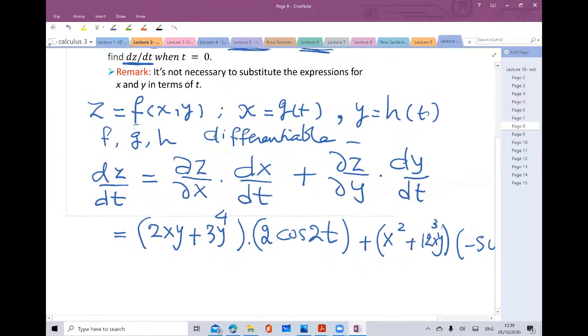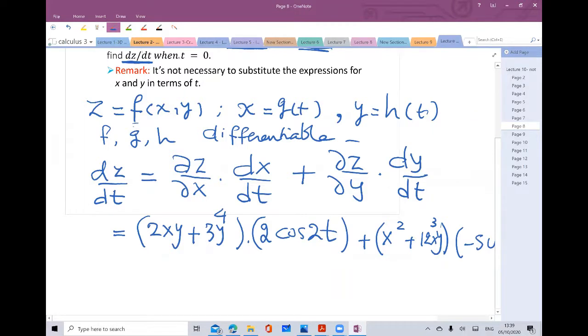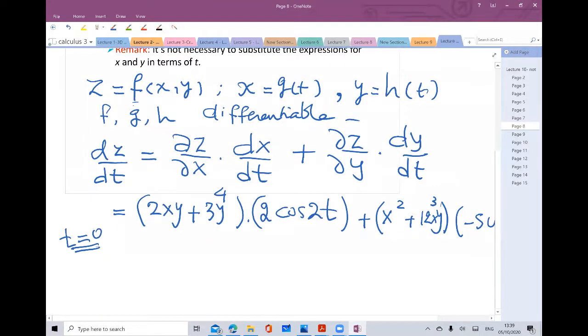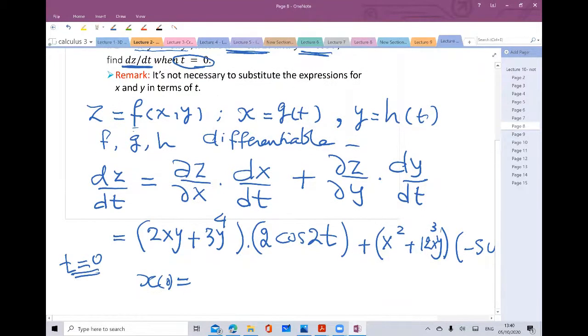Now I need to find values. I only find the derivative at the value t equal to 0. So when I want to find this, I'm going to substitute in my x and find the value of x at 0. I don't need to resubstitute the expressions for x and y in terms of t and then substitute at the end.